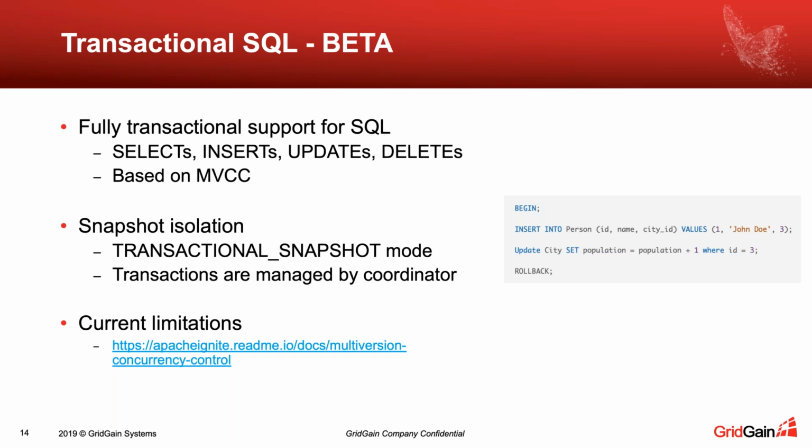So right now, what it means is you can start an Ignite cluster, you can create special caches with the atomicity mode equal to transactional snapshot, and then you can start an Ignite distributed transaction, and you can use selects, inserts, updates, and deletes. Everything is based on the multi-version concurrency protocol, and we support snapshot isolation for that.